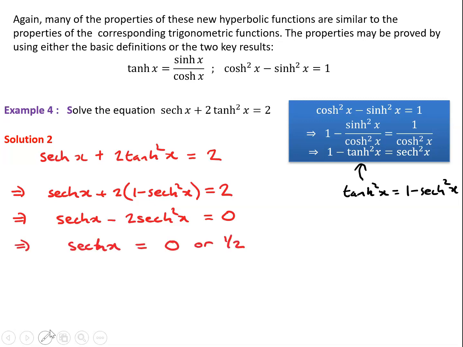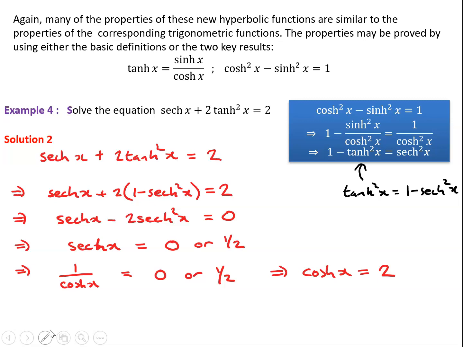In other words, either sech x is 0 or a half, which means that I've got 1 over cosh x equals 0 or a half. And that tells me that cosh x is 2 or infinity.